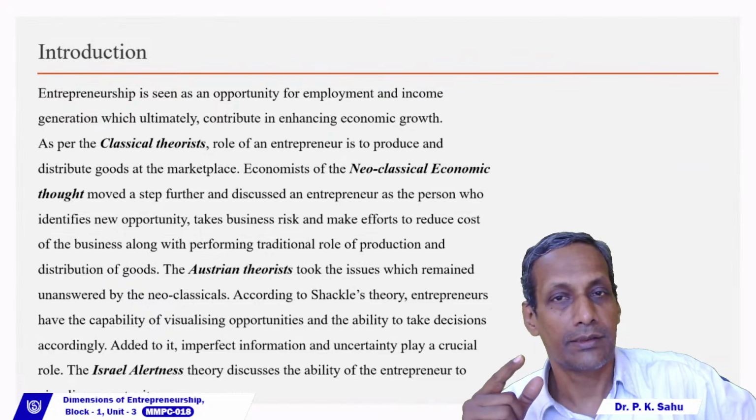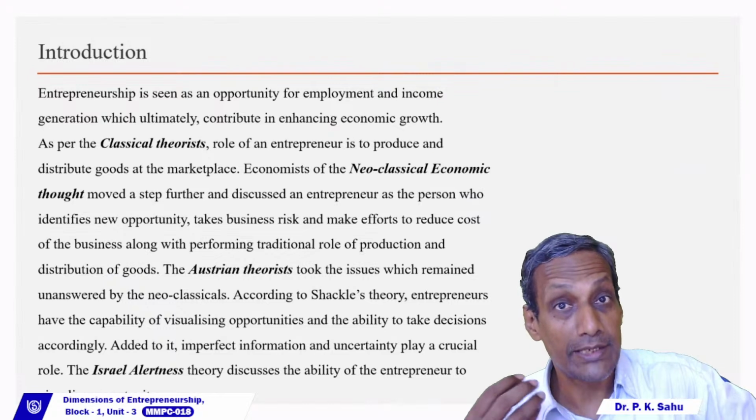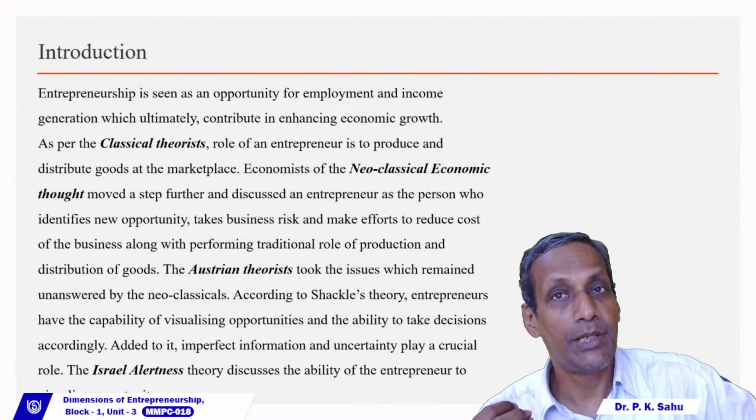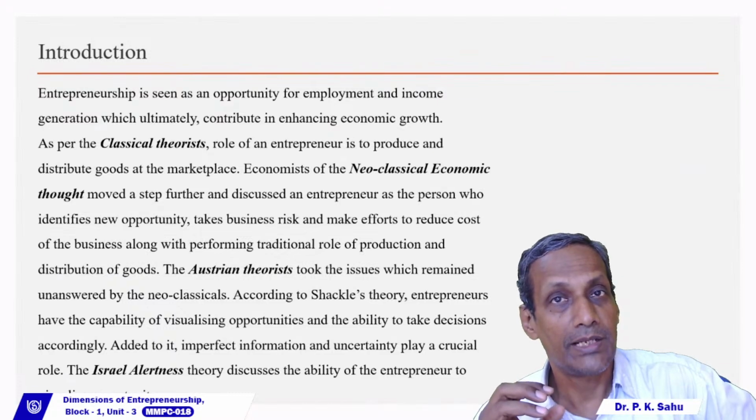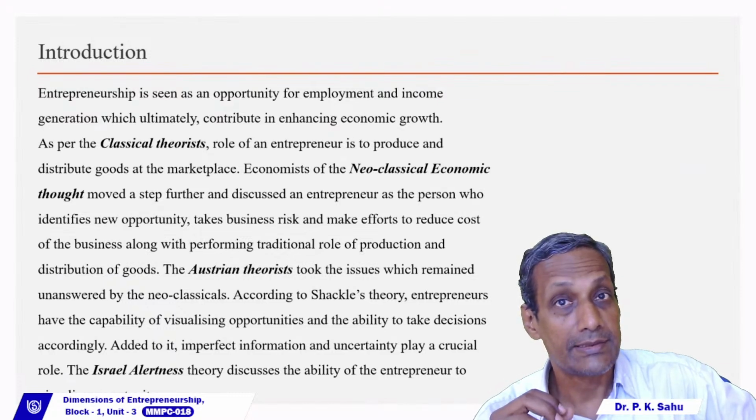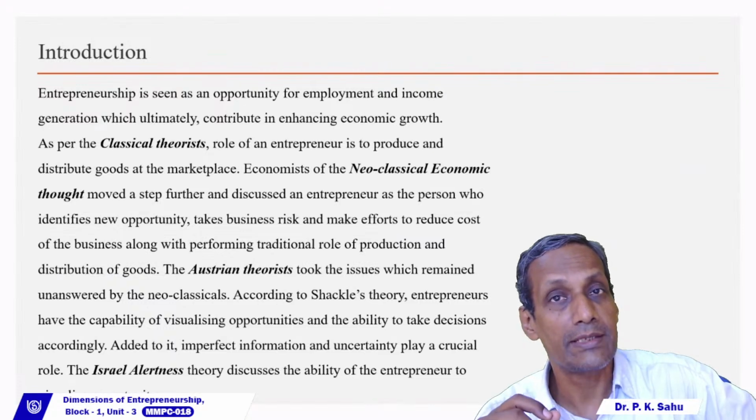Then came another group of theorists, the Austrian theorists, who took the issues which remained unanswered by the neoclassical theorists. According to Kirzner's theory, entrepreneurs have the capability of visualizing opportunities and the ability to take decisions accordingly. Added to it, imperfect information and uncertainty play a crucial role. The Israel alertness theory basically discusses the ability of the entrepreneur to visualize opportunities.